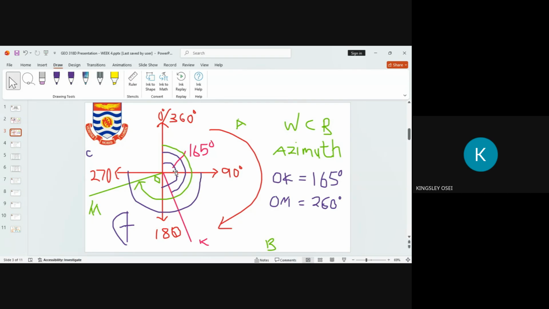Good. So now we go over to the other side, reduced bearing, the second system. To help me do the demonstration, let me duplicate this one again. And this time, let me clear this here.